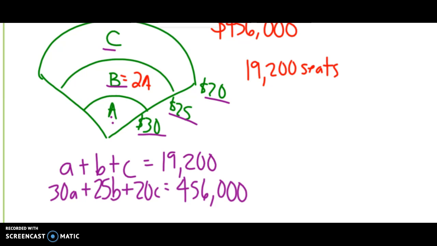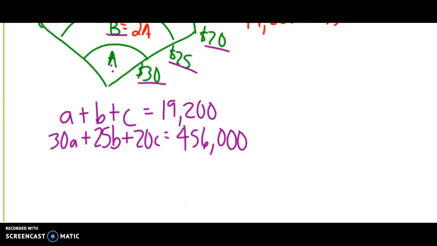Finally, the last information is the one that we wrote in red right here, that B is actually equal to 2A. So we're going to write that in there too. So B is equal to 2A.